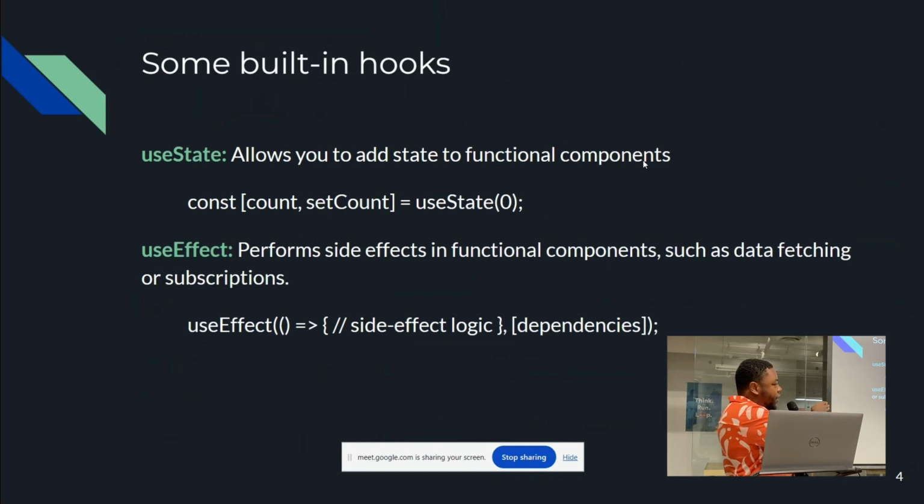If you don't have any dependencies and you just want to run your effect one time, then you just have an empty array. If you want your effect to run indefinitely, then you'd have no array at all, you just leave it out. Well, if you have a clock or something like that, that's a very bad idea. Any state variable that you use within your hook must be part of your dependencies, and there are ESLint rules that will help you do that.